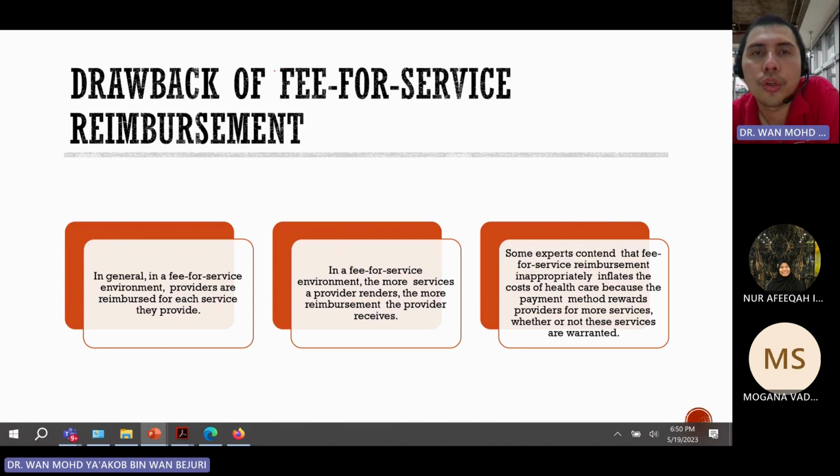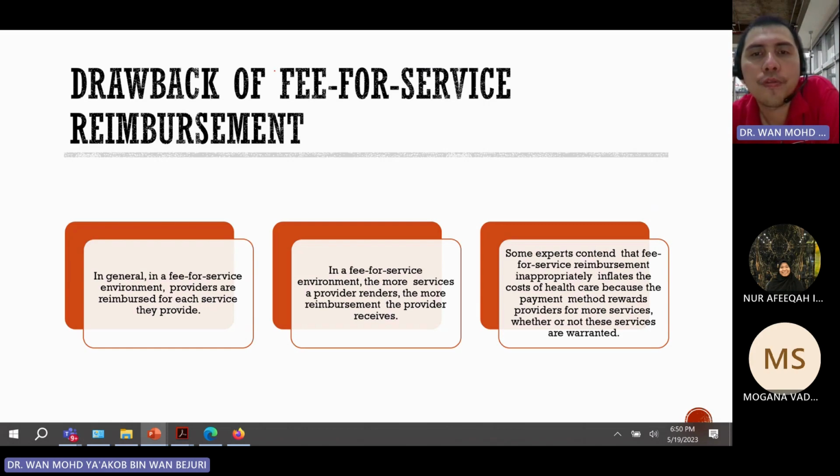Okay, so there is a drawback, kelemahan for fee for service. Generally in fee for service, providers are reimbursed for each service they provide.